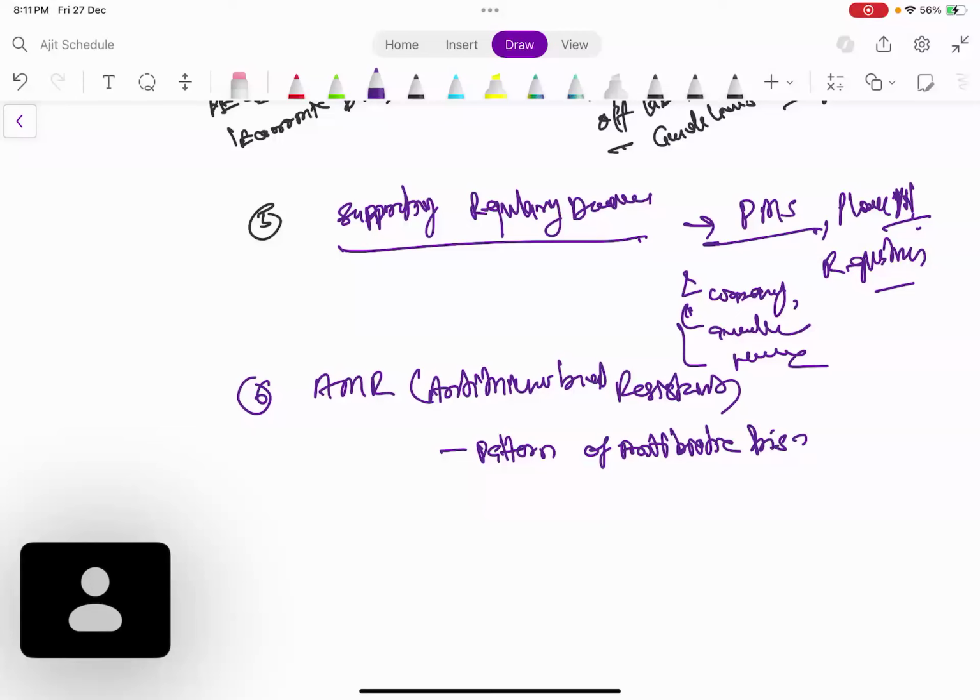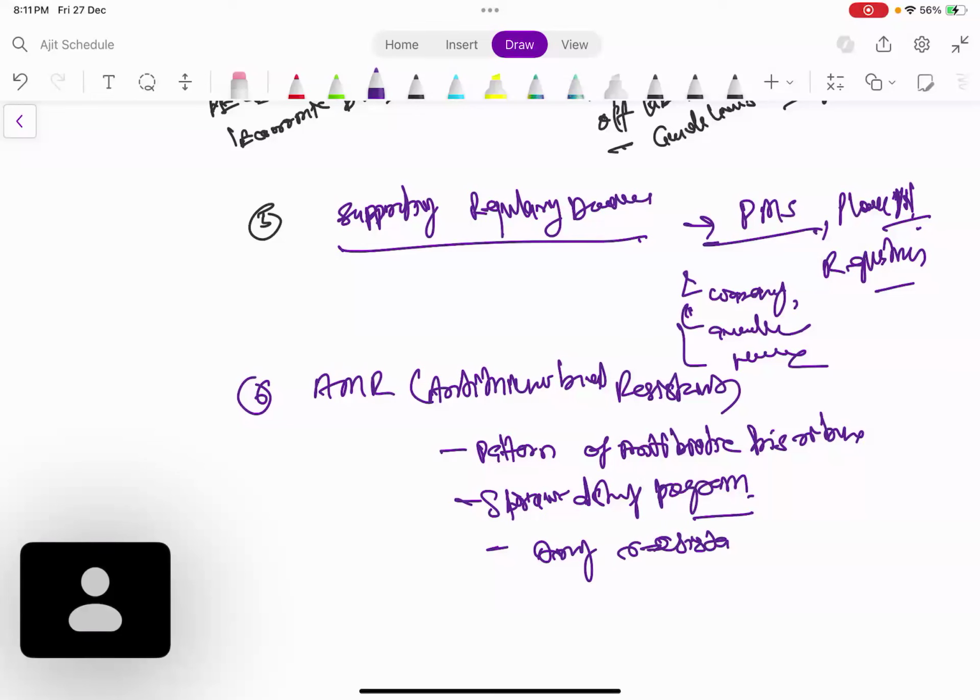You can work on stewardship programs, or research related to the stewardship program. You can work on drug resistance. So multiple types of studies you can do. Today I'm going to tell you everything, like how you can even plan the studies.